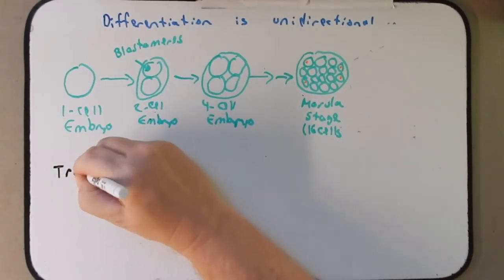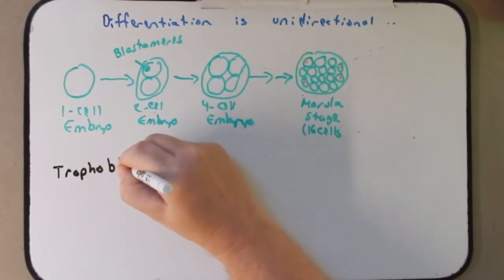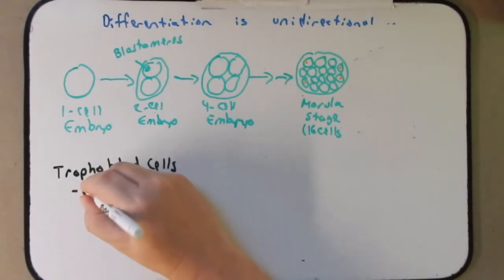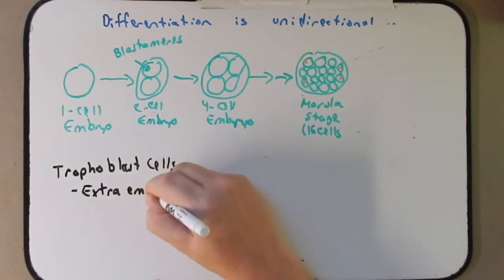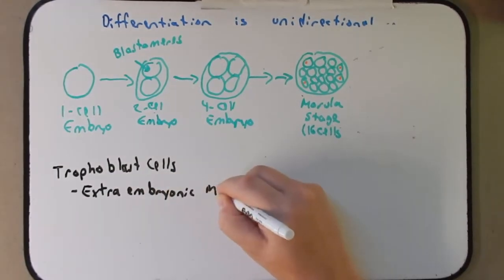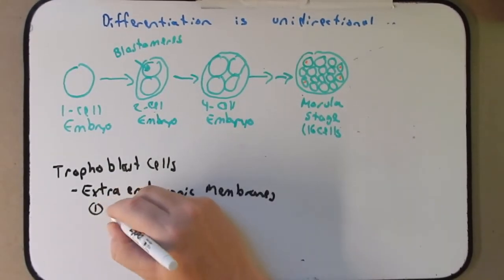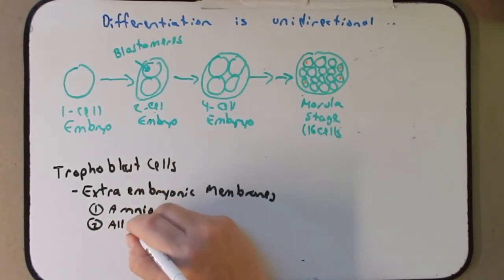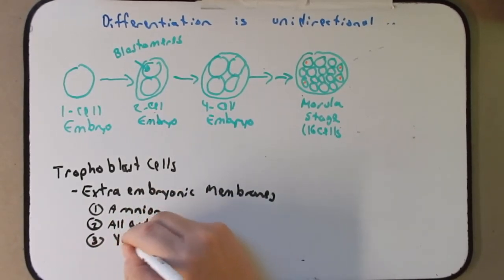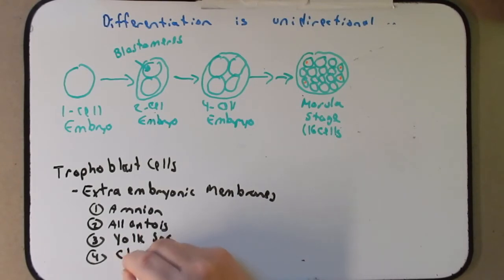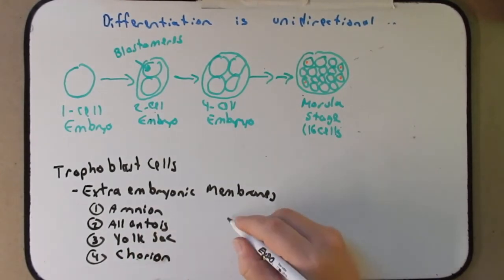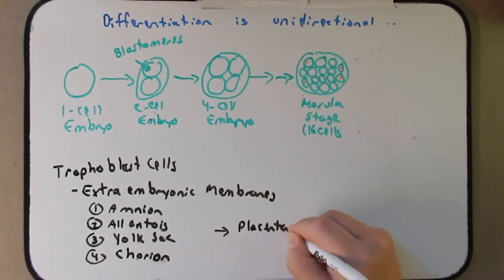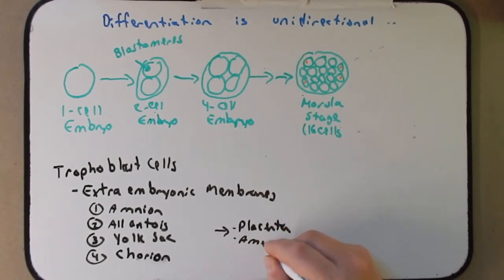Let me write that down here. Trophoblast cells will become the extraembryonic membranes. These include the amnion, the allantois, the yolk sac, and the chorion. Some of these will go on to form the placenta and the amniotic sac.